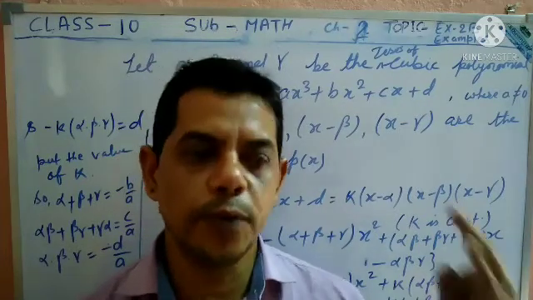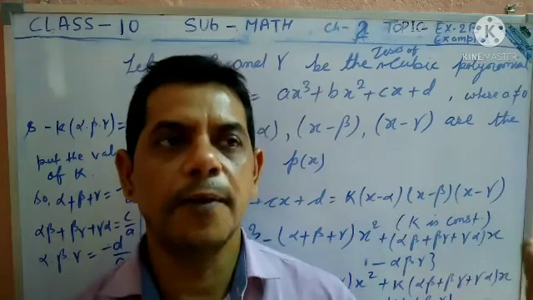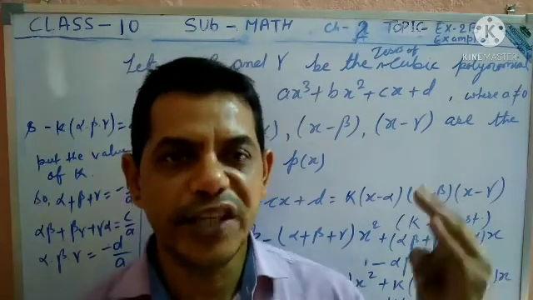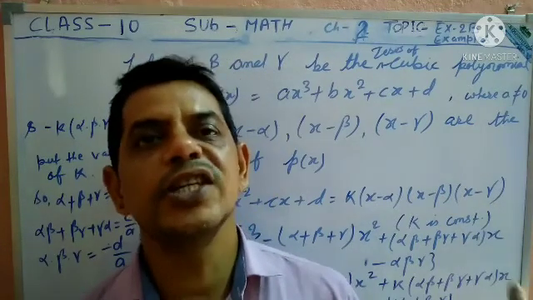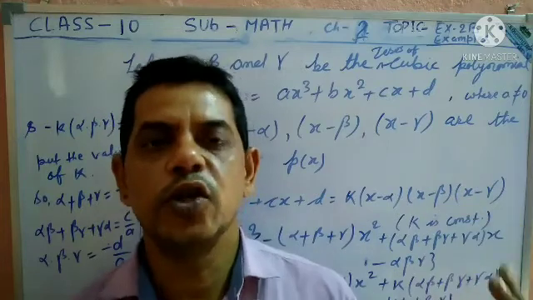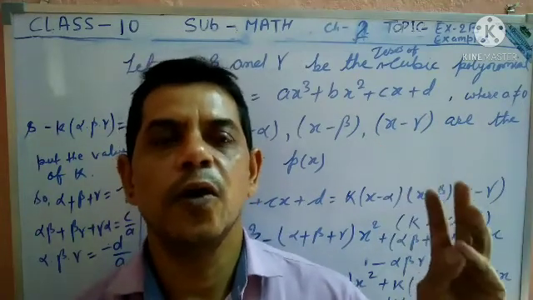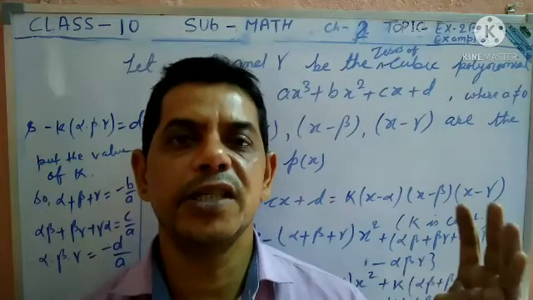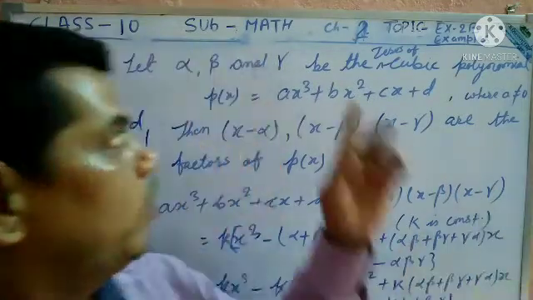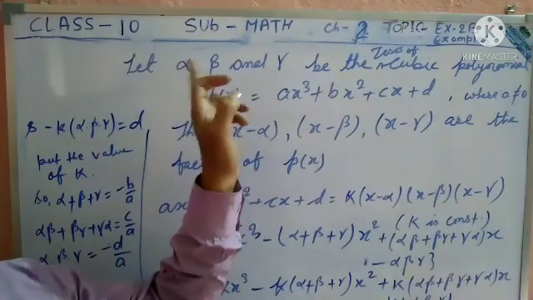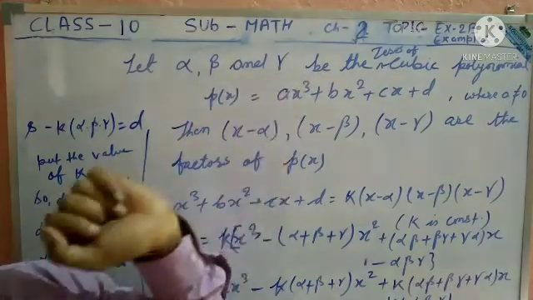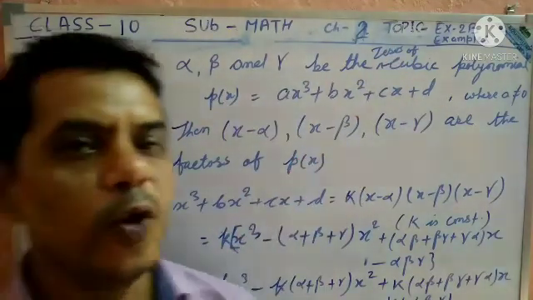But in a cubic polynomial, power 3, order 3, we need 3 zeros, so we take alpha, beta and gamma. Those are the zeros of the polynomial.